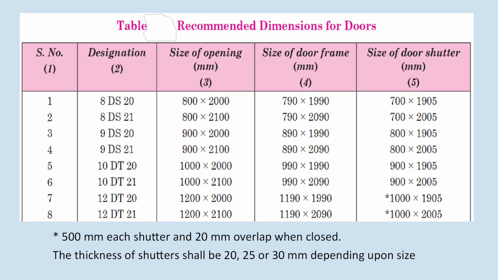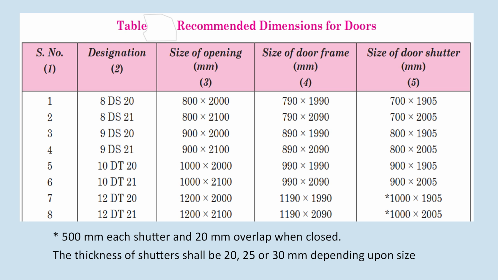It is given as 790 by 1990 mm. Size of the door shutter will be somewhat less than size of the door frame. It is given as 700 by 1905. So, you can go through this particular table, so you will understand the things correctly.